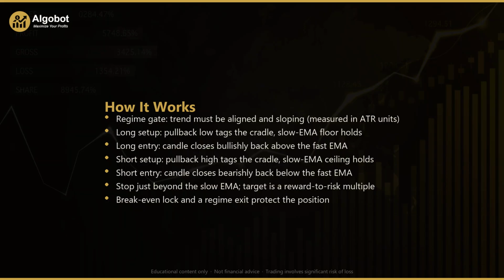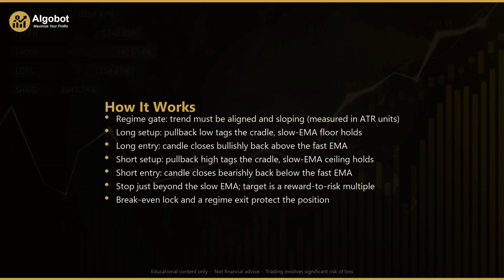Once an uptrend regime is confirmed, the strategy examines the candle that just closed. For a long setup, 3 conditions must line up. First, the candle's low must reach down into the cradle, meaning its low dipped to or below the fast EMA. Second, that same low must stay at or above the slow EMA, so the floor of the cradle was not broken.